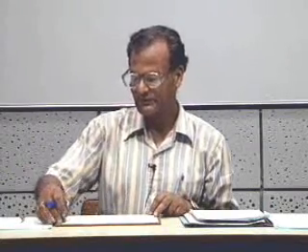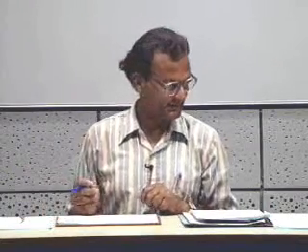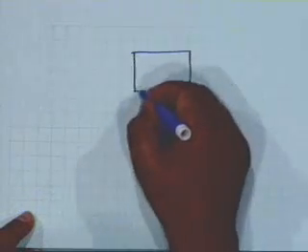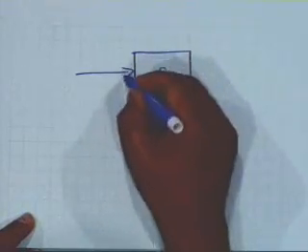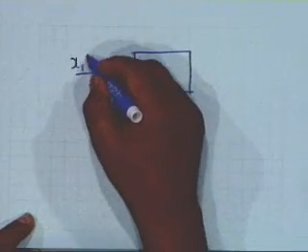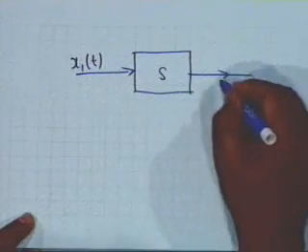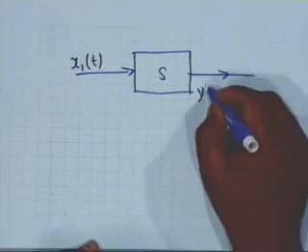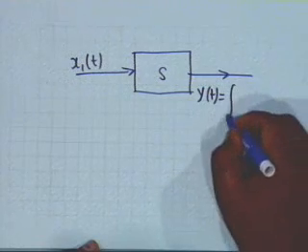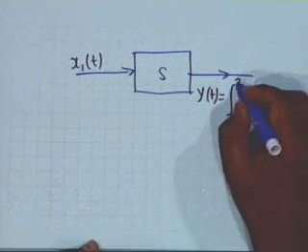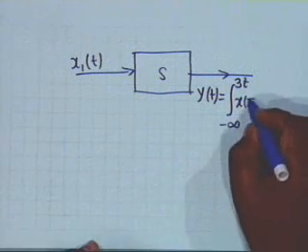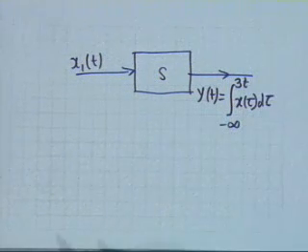We'll take one example before we go to formal characterization of linear time-invariant systems. We have a system S to which the input is x1 of t. It's an SISO system, single input, single output, and the output is given by the integral from minus infinity to 3t of x of tau d tau.